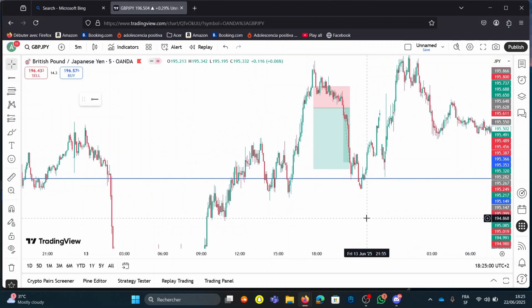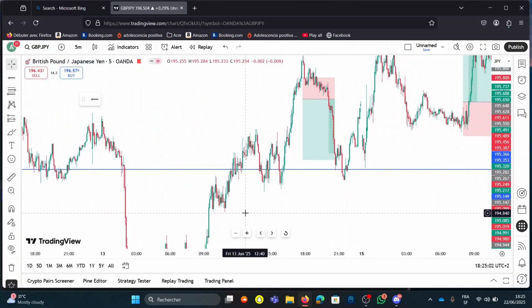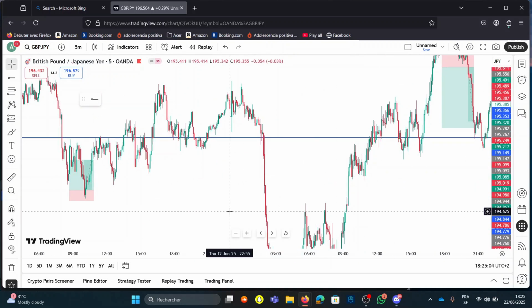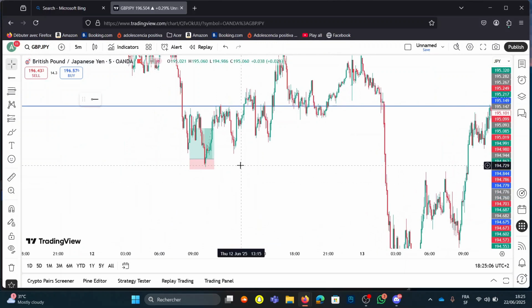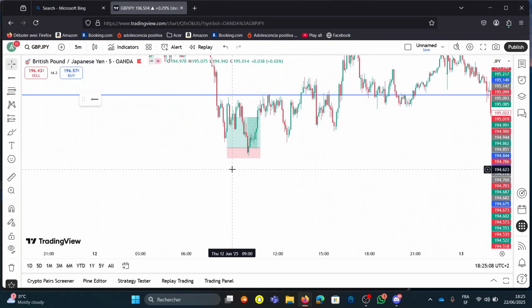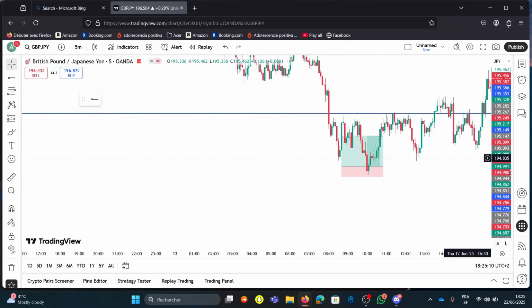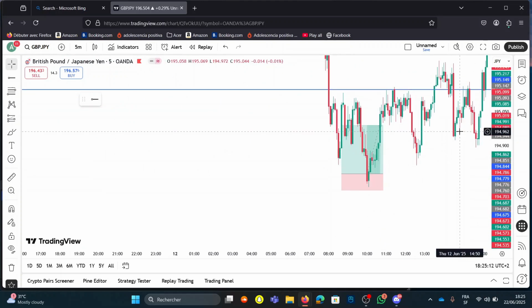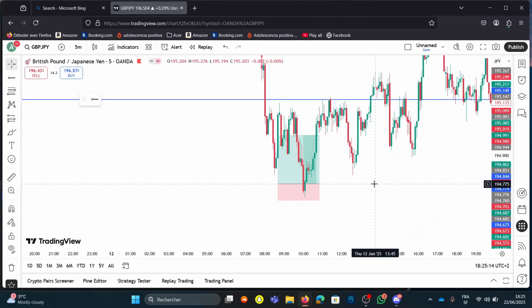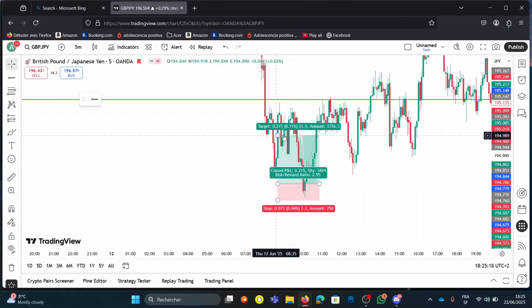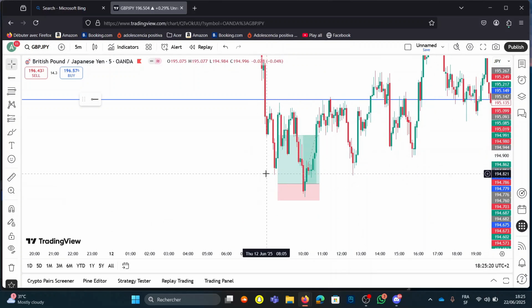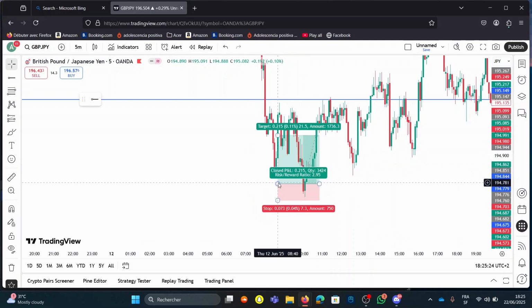So pretty simple. Oh my days, what a trade! As you see here, it works so well, bro. We have more or less an order block, a resistance, whatever you want to call it. Boom, it goes under here.